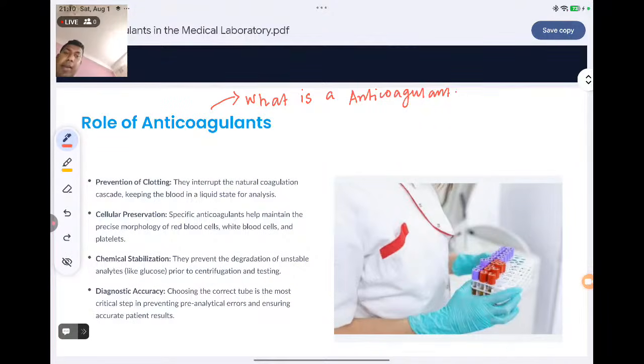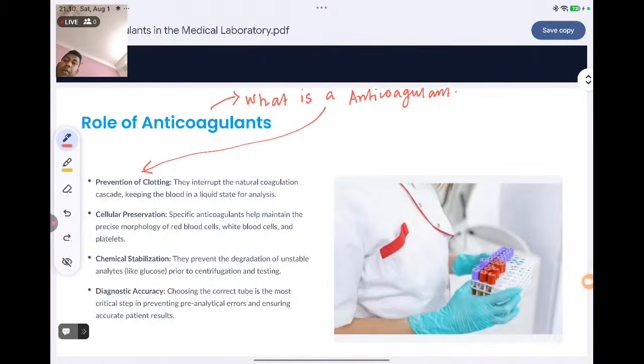So, anticoagulants are substances which help in the prevention of clotting of blood.